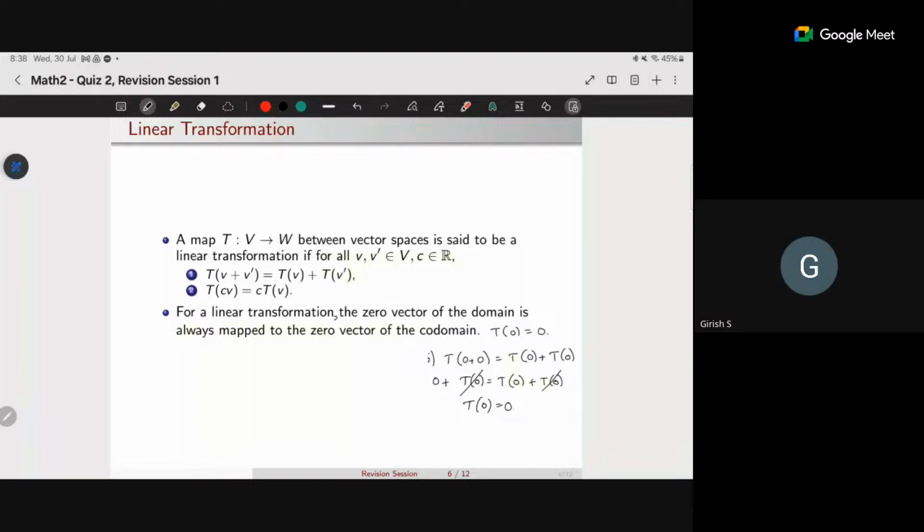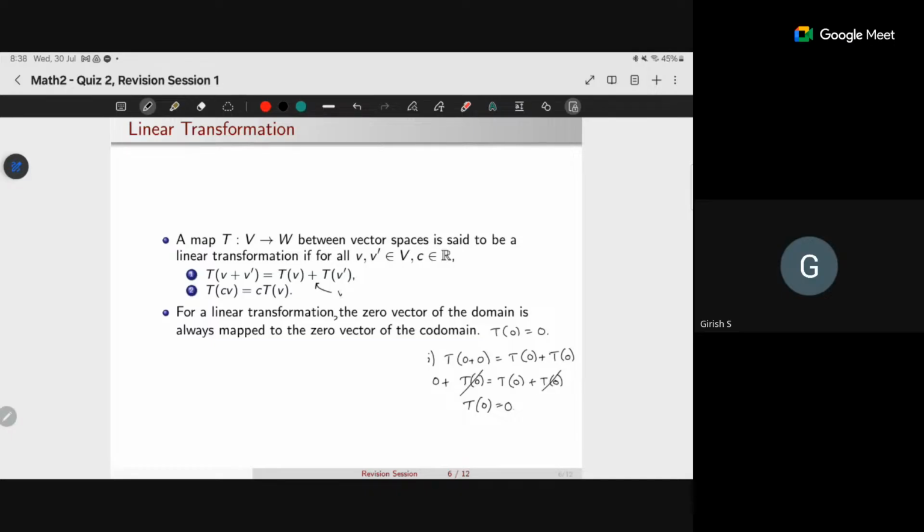Or you could use the second property as well. Just put c equal to 0 and you will get it. 0 times any vector is 0, so you'll have T of 0 is equal to 0 times T of v, which again is 0. One thing to notice is where these operations are happening; you have to be careful about it. For the most part it will not matter because you'll be working in subspaces of Rn.